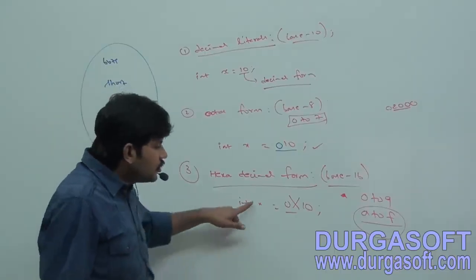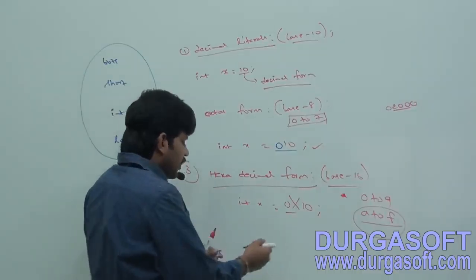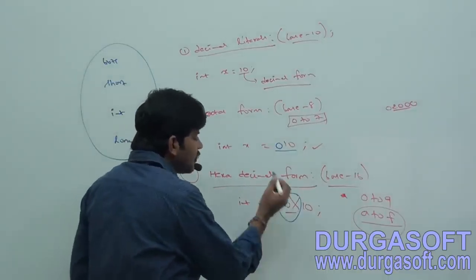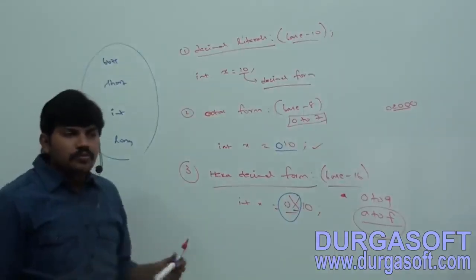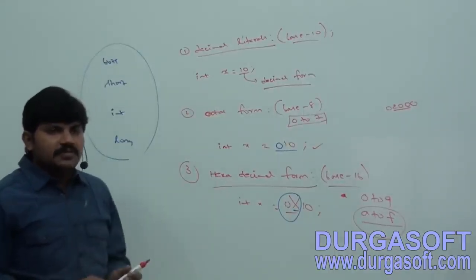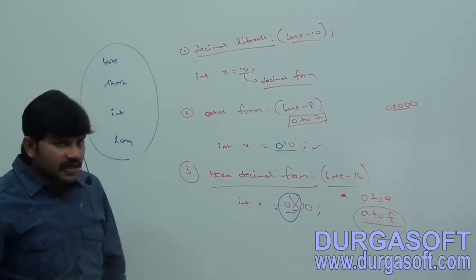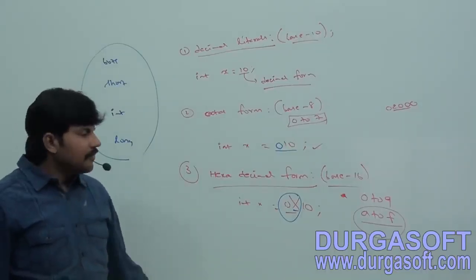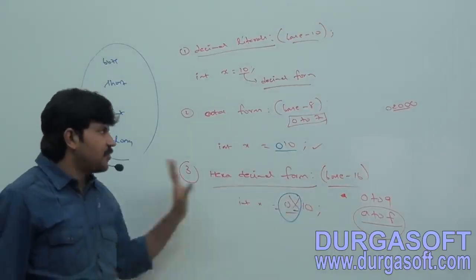Next, 0x. The number should be prefixed with what? 0x. Sir, is this x lowercase or uppercase? Or any case? Okay, make sure. Anyway, later we will discuss. As of now, keep that one as the suspense only.